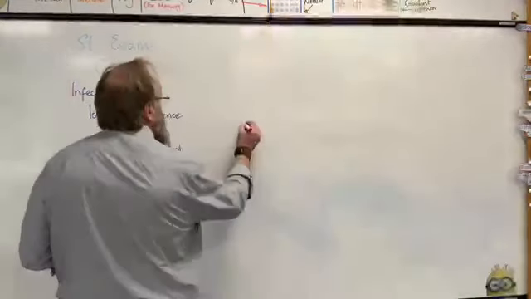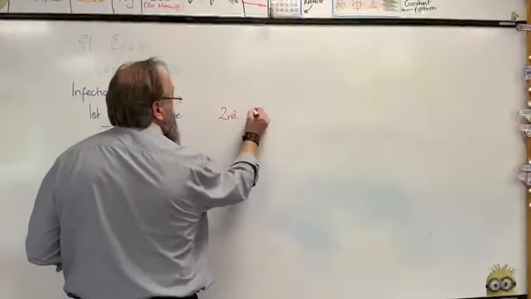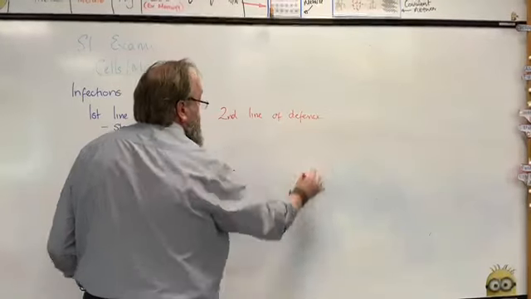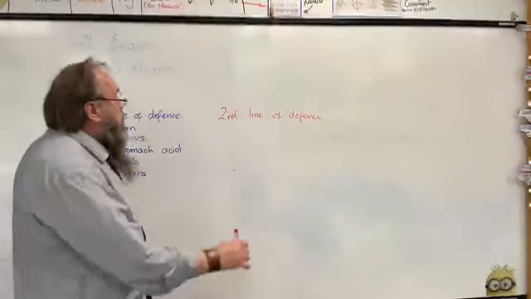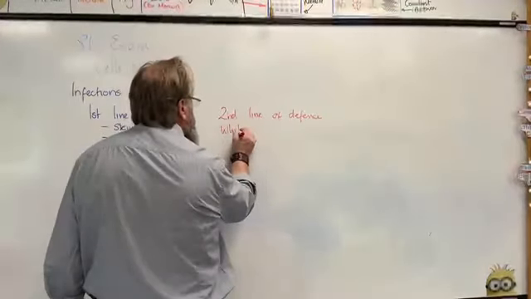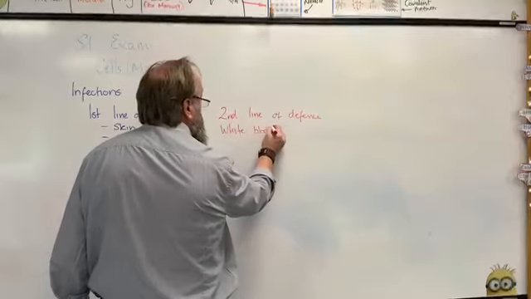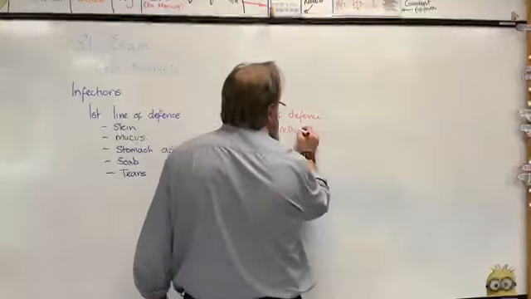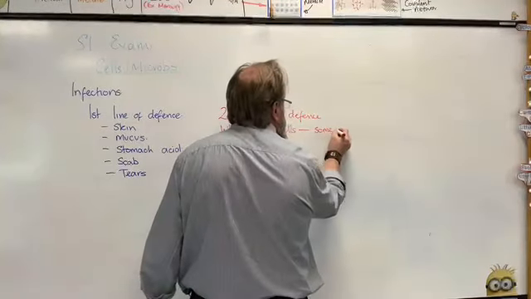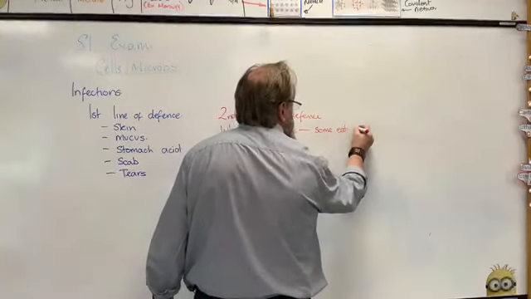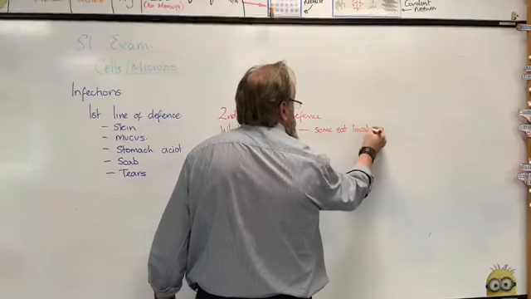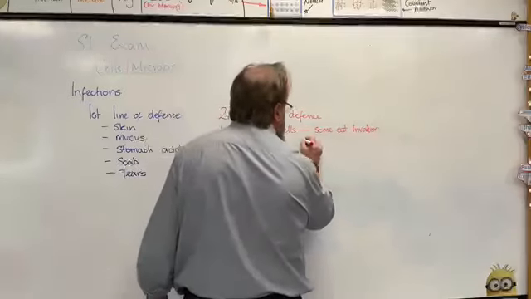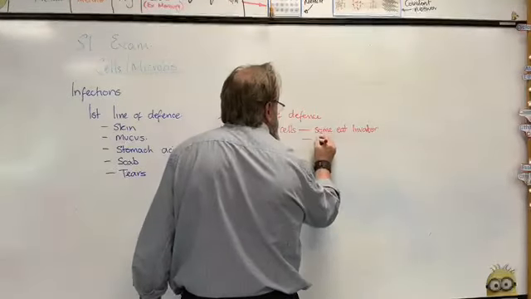Second line of defence. Okay, you have white blood cells. Some of these eat the invader. Alright, some will produce antibodies.